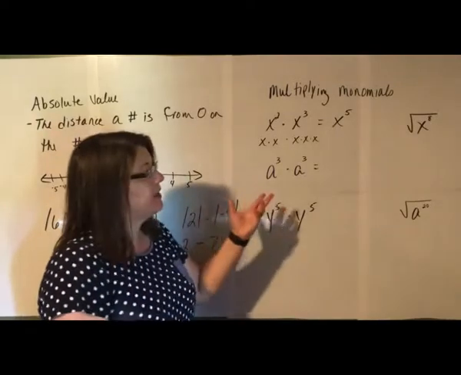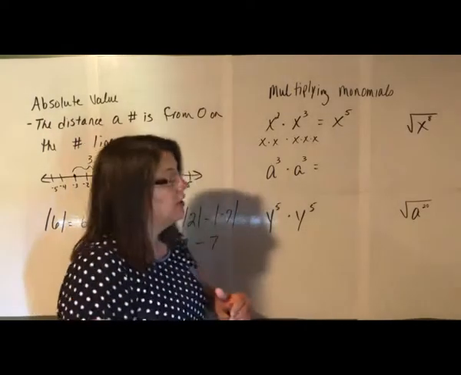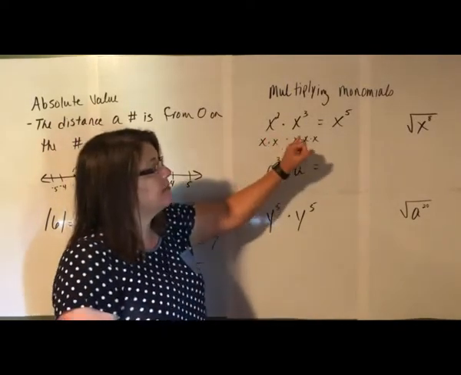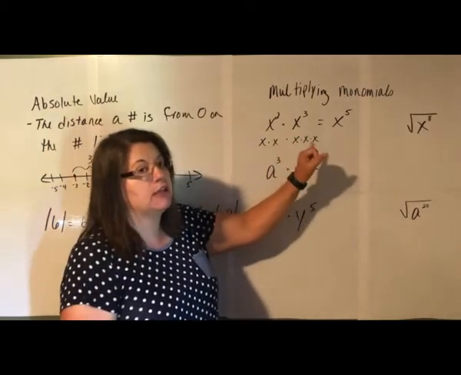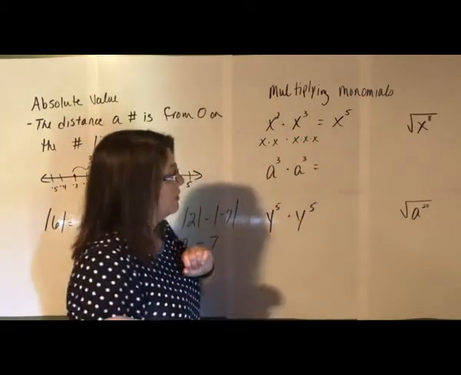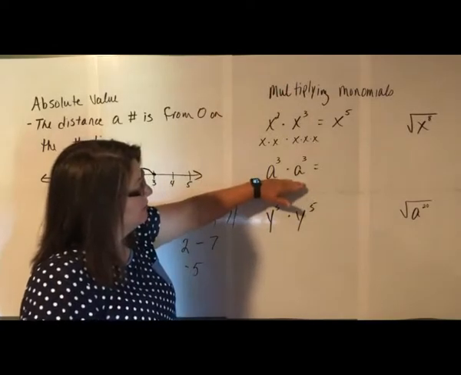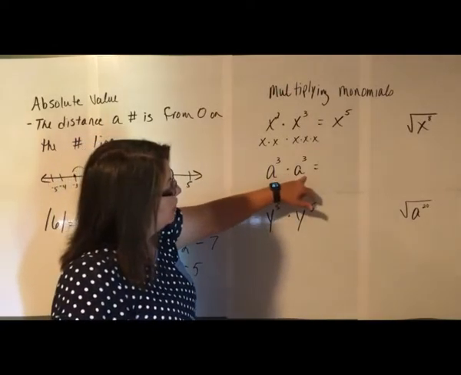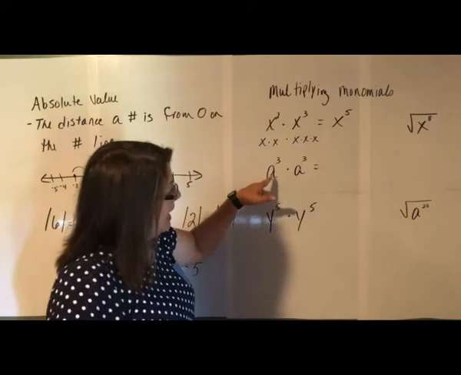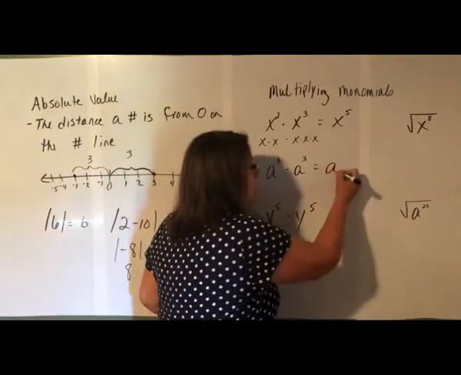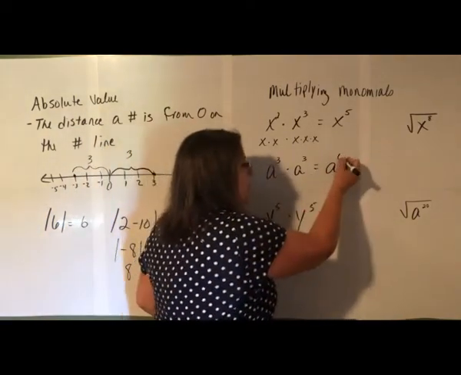And this will be significant when we get into simplifying radicals, because if you don't understand that concept, it makes it really difficult when you're dealing with variables within radicals. Looking at this one, a cubed times a cubed, we keep the base, and 3 plus 3 is 6.